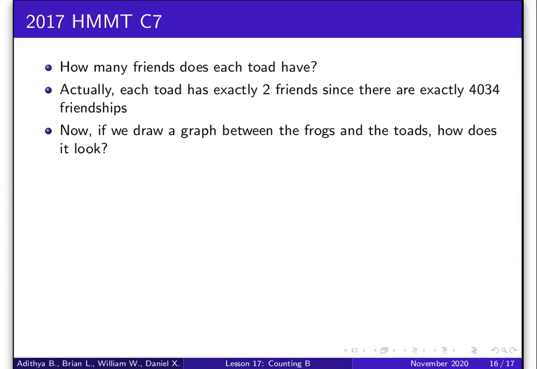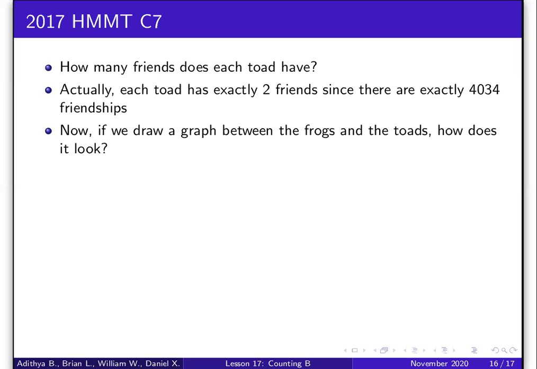So in fact, it's going to look like a number of disjoint cycles. This is a 2-regular graph. So we can partition all our vertices into a number of disjoint cycles.